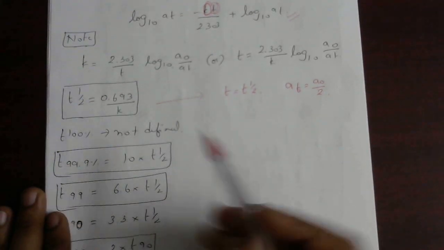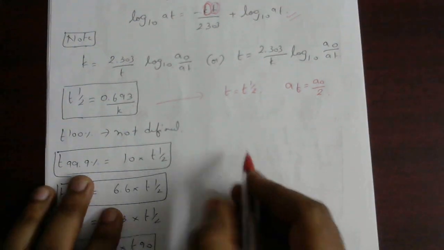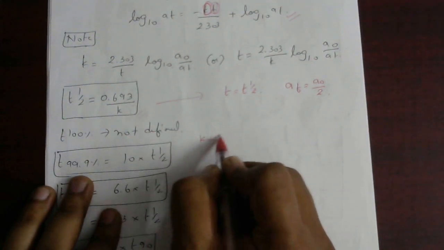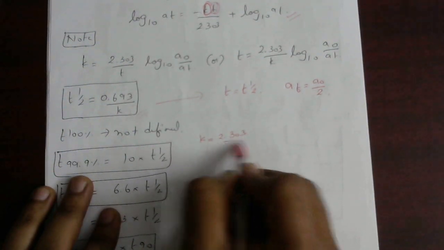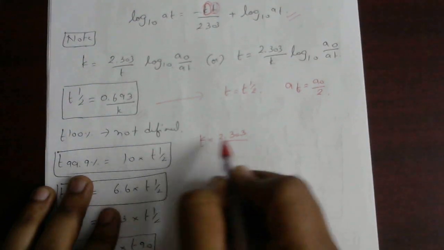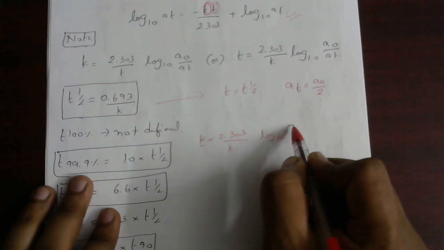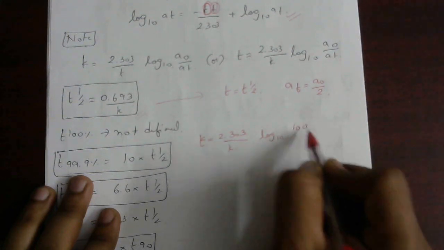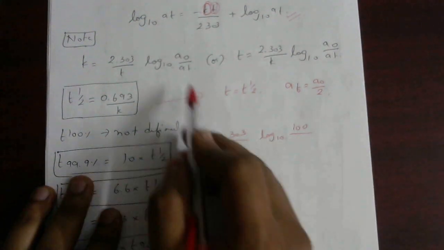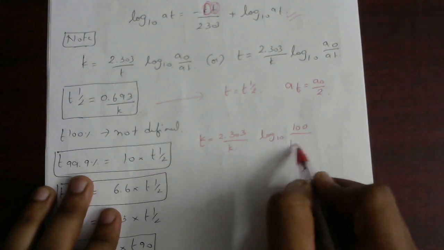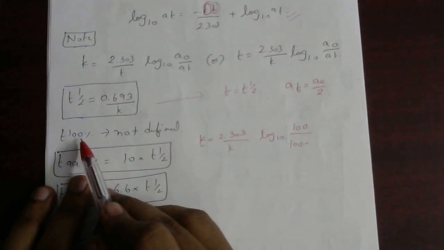If you want, let me do that case here. k equal to 2.303 divided by t, log to the base 10, A naught, let me take here 100. Initially we have taken 100, and this At is nothing but 100 minus x. x is nothing but 100 only, no?